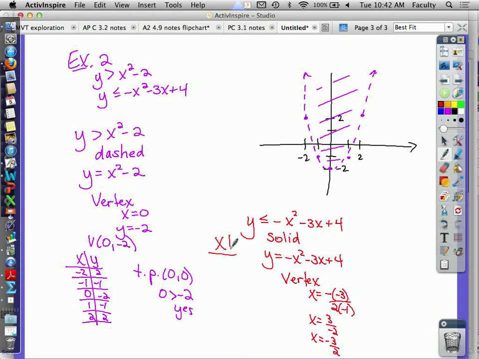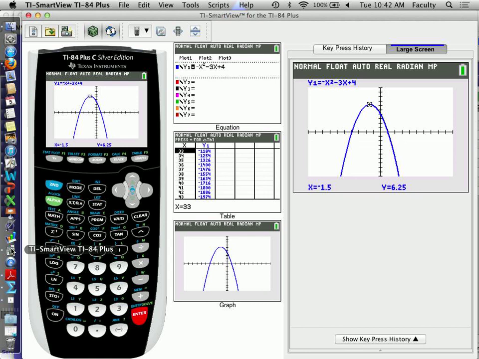So let's make our little XY table. And then watch what we can do. That's -1.5. So let's say I go to -1 and then 0. And then let's go -2, -3. And then watch. On my graph, just type in -1. -1 is 6. 0 is 4.